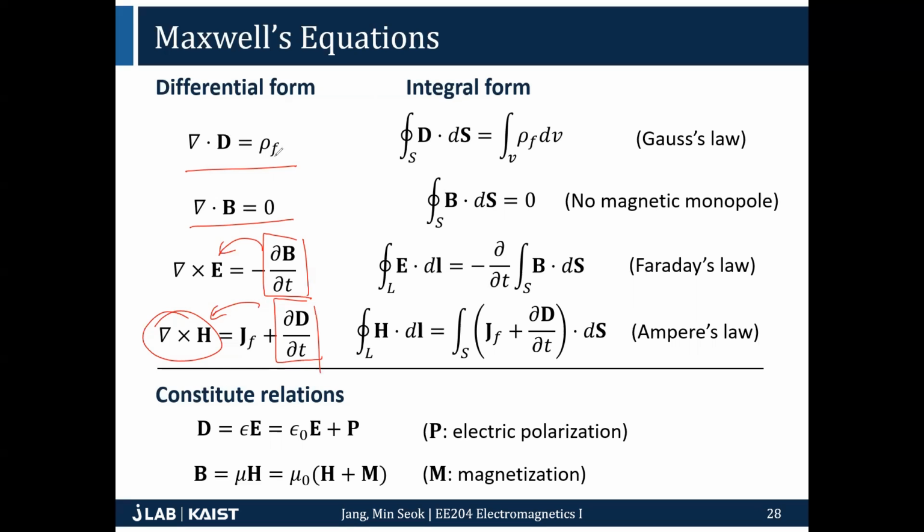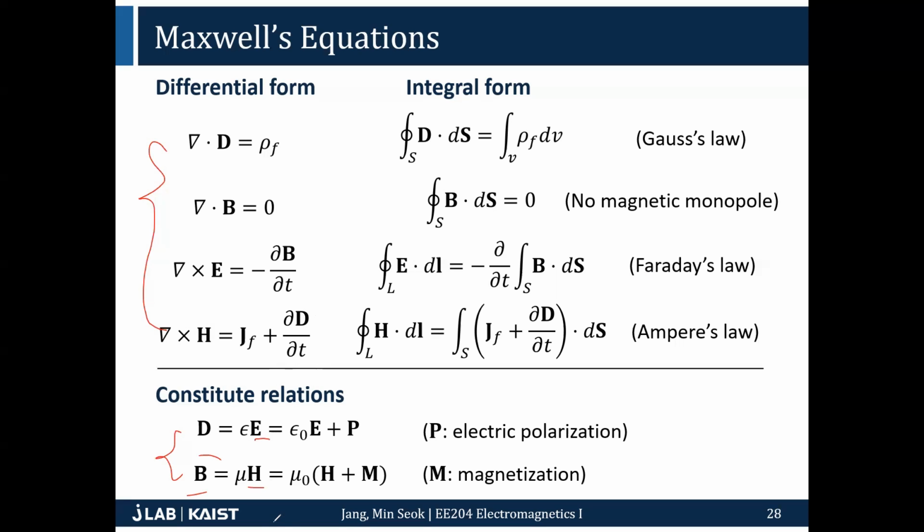And if you look at the differential form, divergence of D is rho_F, which is exactly the same as electrostatics, and divergence of B is 0. So this is the full Maxwell's equations. And these are the constitutive equations, the relations between E and D, and between H and B. Maxwell's contribution was that he unified all these equations into one mathematical system.